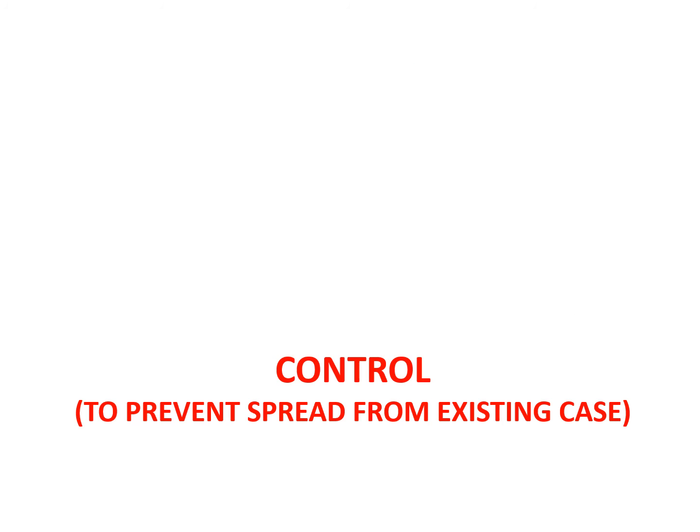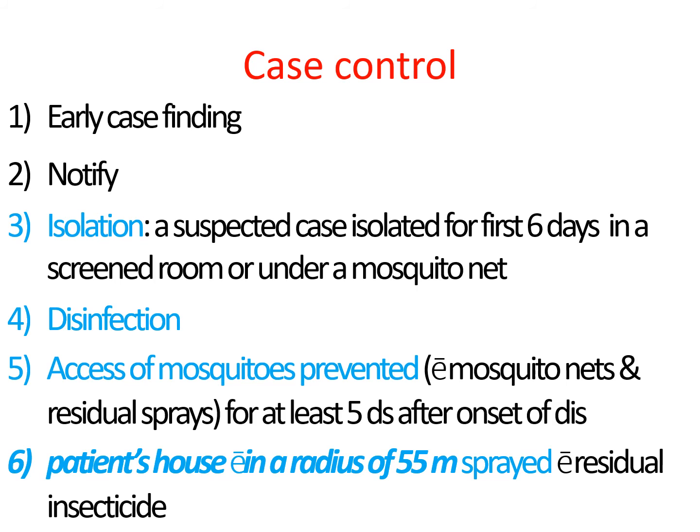Control to prevent spread from an existing case: early case finding, notification, isolation. A suspected case is isolated for 6 days in a screened room or under a mosquito net. Disinfection: access of mosquitoes is prevented by mosquito nets and residual sprays for at least 5 days after onset of disease.